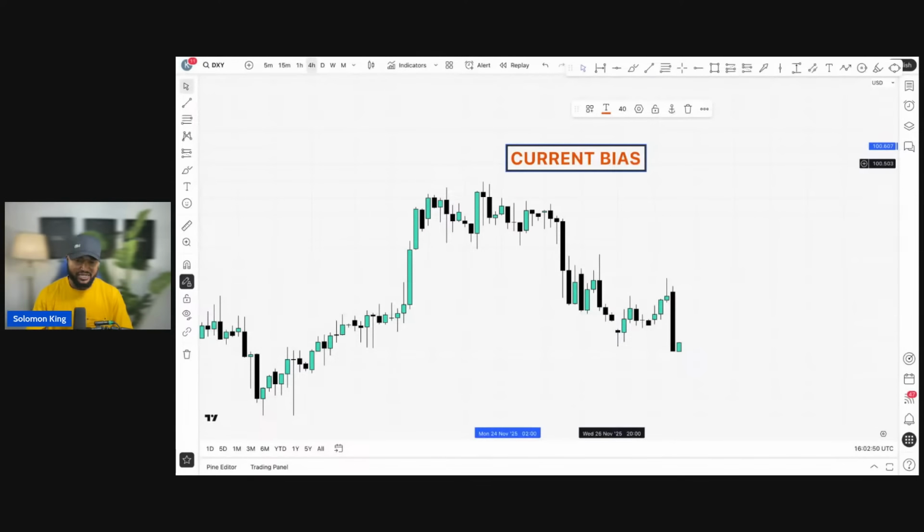Now, current bias, I call it current bias because it's very, very important. You can look at what is happening here on your chart and you'll be confused on what to do. How do you enter the trade? How do you take a trade? These are the things that you must do. There are two things that make for a successful trader.